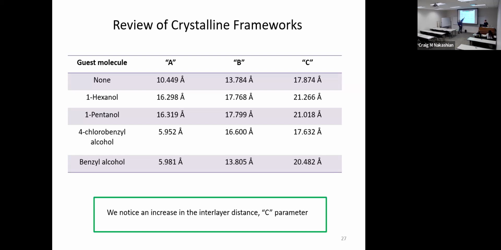We see the wider layer with 16 and 17 angstroms, and then the more narrow one with almost 6 angstroms of space. So yes, we are seeing this interlayer distance increase, our C parameter. So yay, right? We can identify clay functionality.